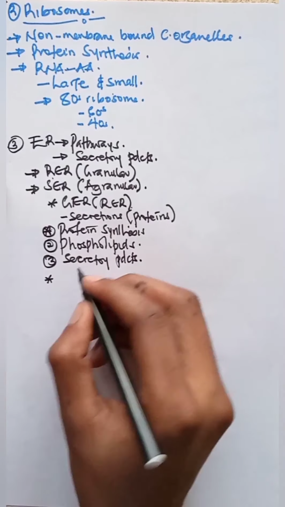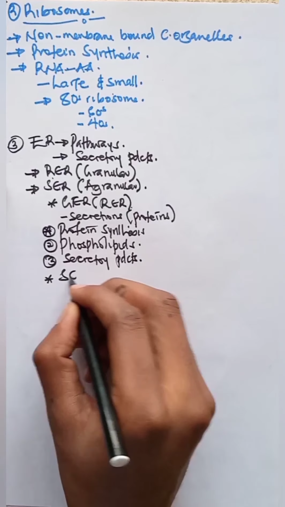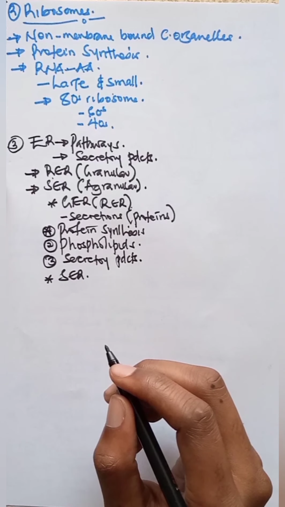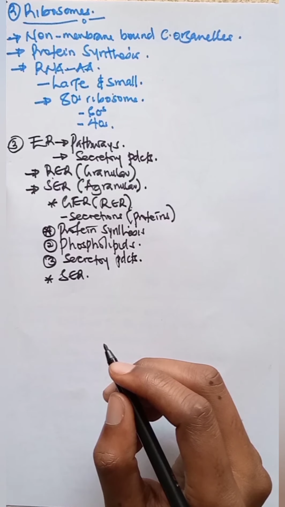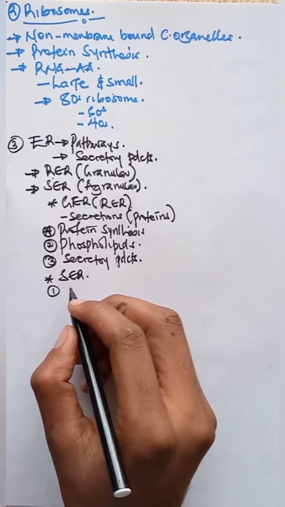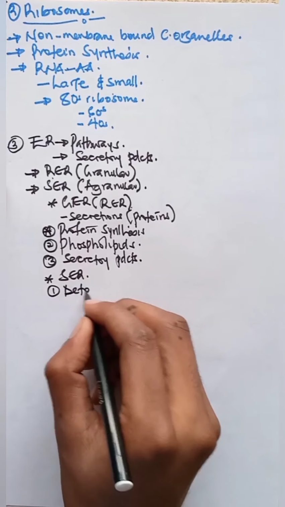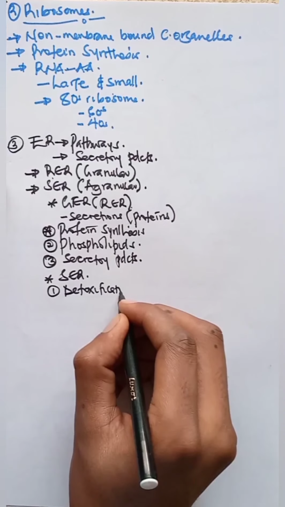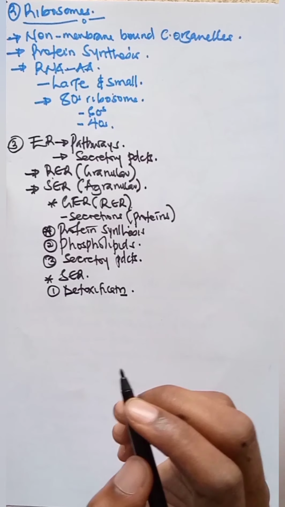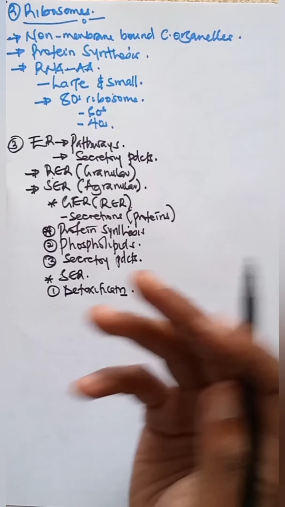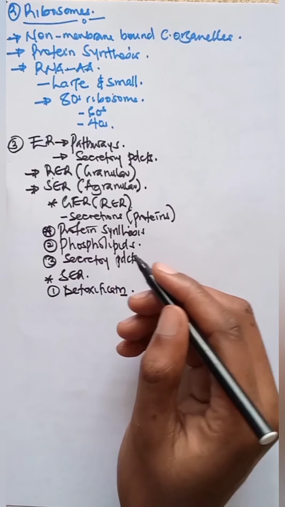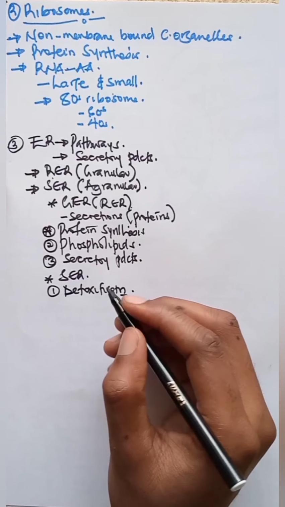Then the smooth endoplasmic reticulum, or what we call the agranular endoplasmic reticulum, generally is involved, one, in detoxification of both endogenous and exogenous toxic substances. Endogenous, these are generated within the body, and exogenous, they come from outside the body.